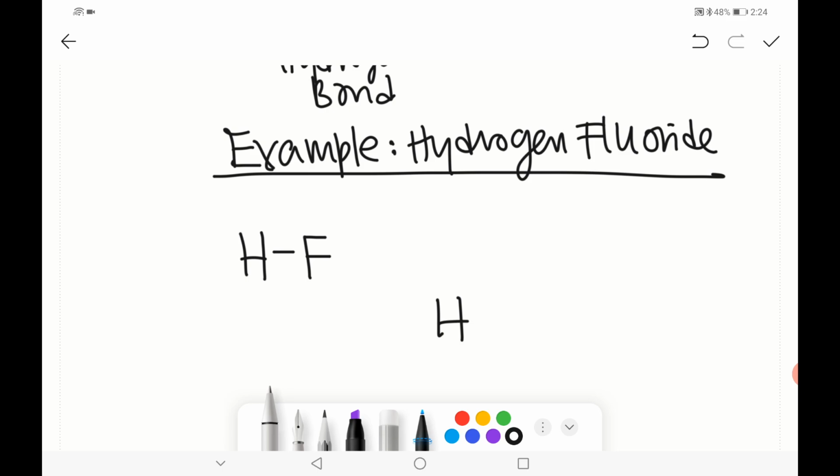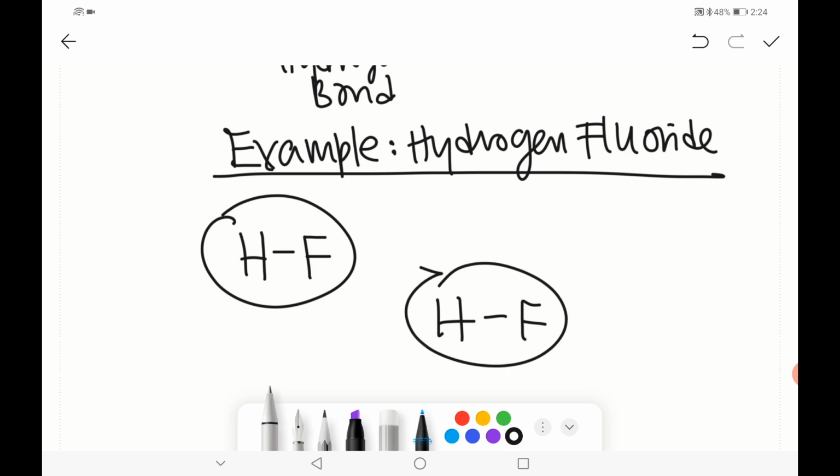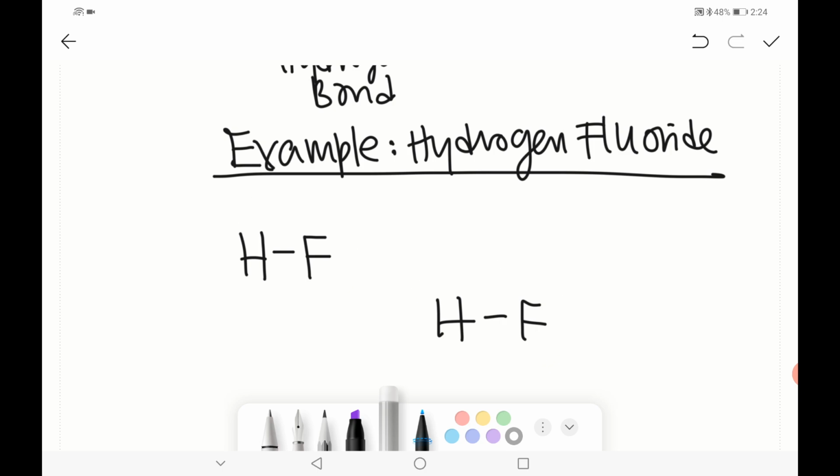So another HF here. Okay, so now I want to show you how this HF forms hydrogen bonding with this HF. Remember, for hydrogen bonding, the H of one fella will form the bond with the FON of another fella. So the H of this fella will form the bond with the F of another fella.